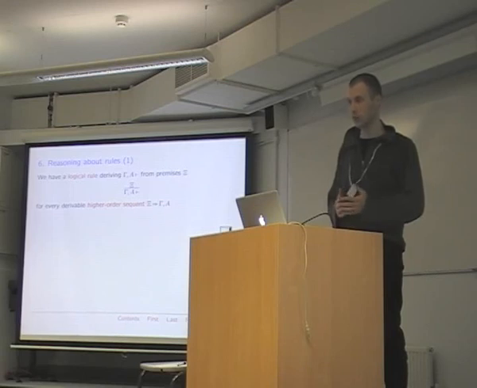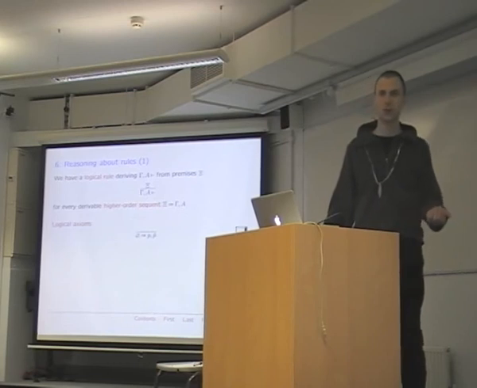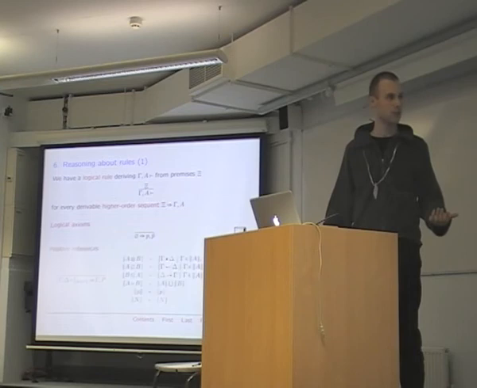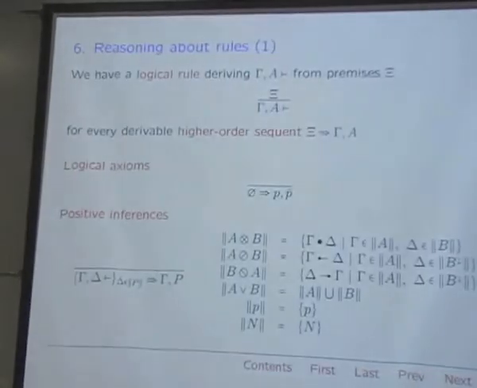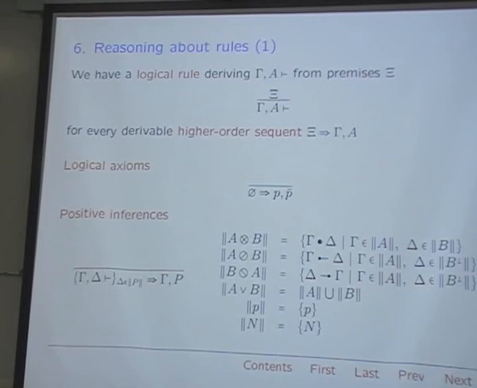Now, derivability in this higher order calculus has two base cases. The first one tells us that the usual logical axioms indeed constitute inference rules. The second characterizes positive inferences. So the idea is roughly as follows. If we have a positive main formula P, then we introduce a premise for each structure found in some set that we calculate by induction over this positive main formula.